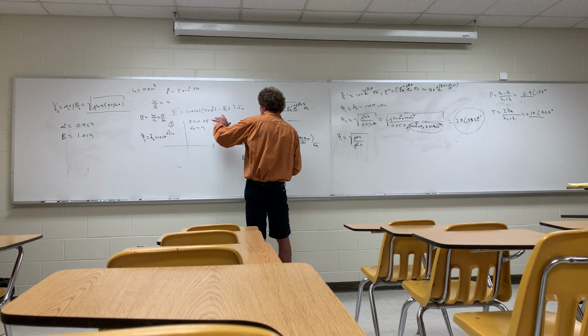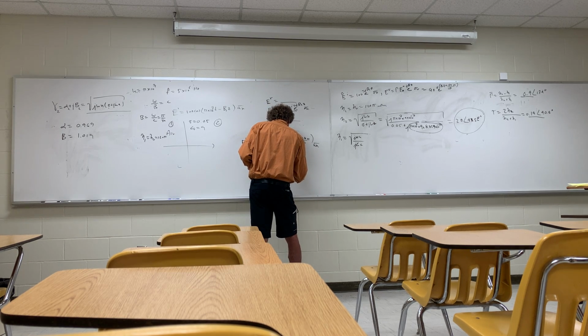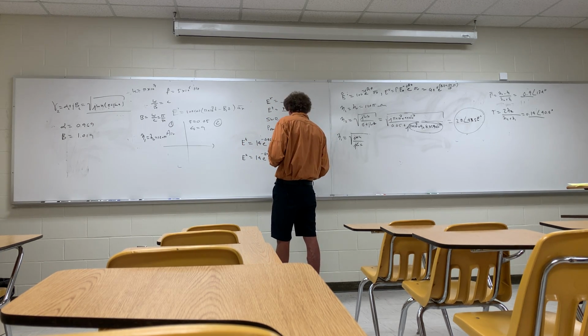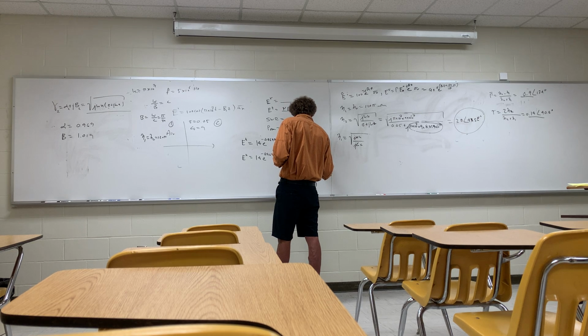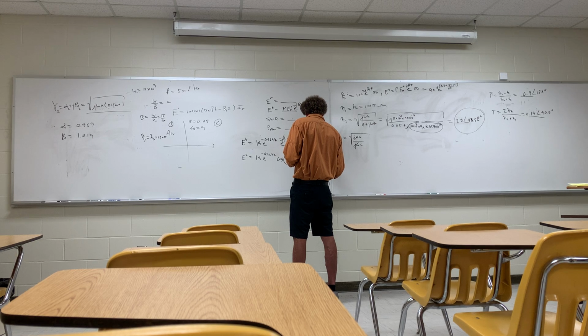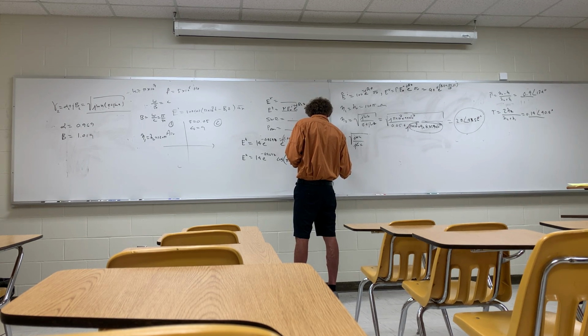Frequency will always be the same, it never changes. Pi times 10 to the 7th t minus beta, which is 1.019 z, and then you have to go ahead and add that angle, plus 40.8 pi over 180. And that would be the transmitted field.